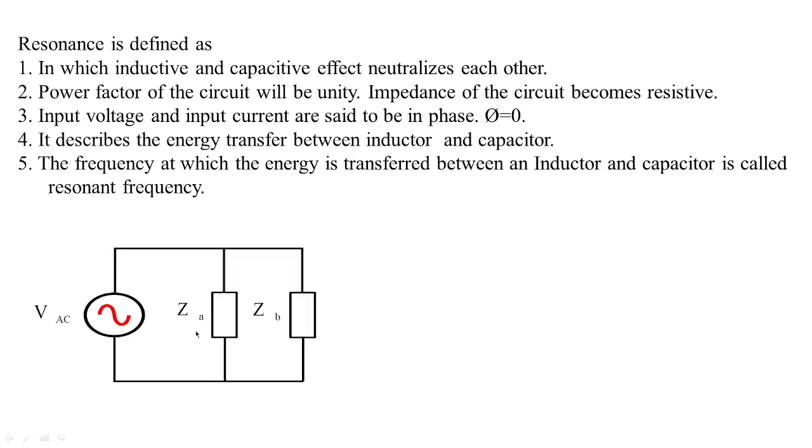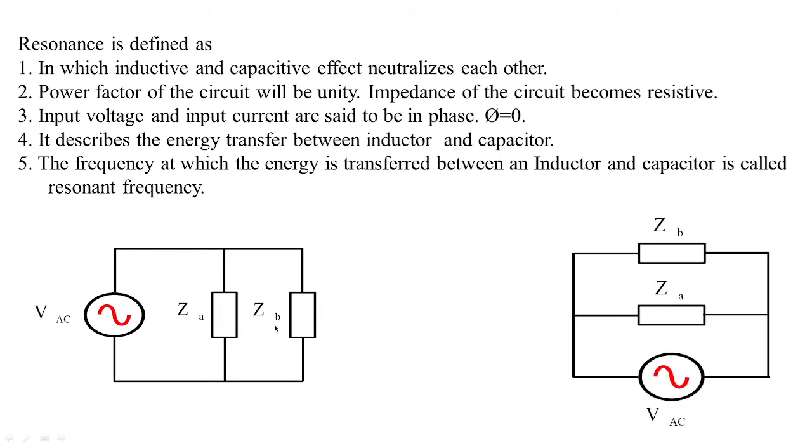For parallel resonance, we have the parallel circuit in this fashion, with impedances ZA and ZB, and ZA can be composed of passive elements in different forms. Similarly, ZB also can have passive elements in different forms. So you can have this kind of arrangement or this kind of arrangement.